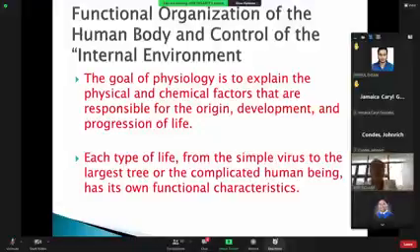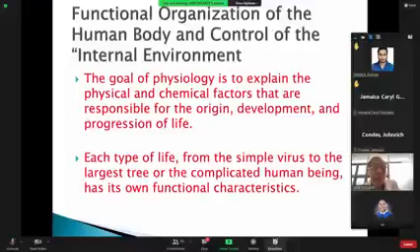The topic even includes the embryonic stage, as life grows from a single cell, fertilized by the sperm cell, becomes a zygote, then develops into an embryo, stage by stage up to full development as a human being. Origin, development, and progression of life. You take note of that.